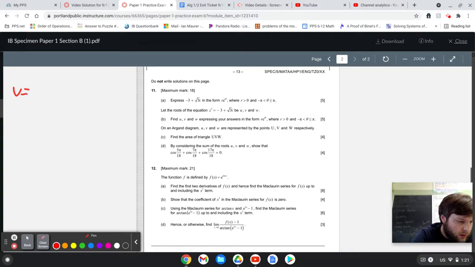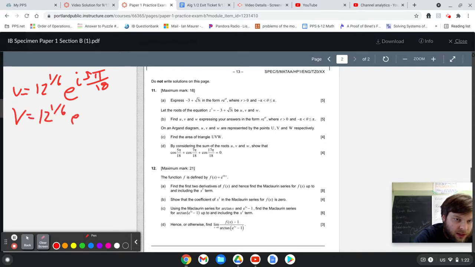So U is equal to 12 to the 1/6 power e to the i times 5 pi over 18. V is 12 to the 1/6 e to the i 17 pi over 18.